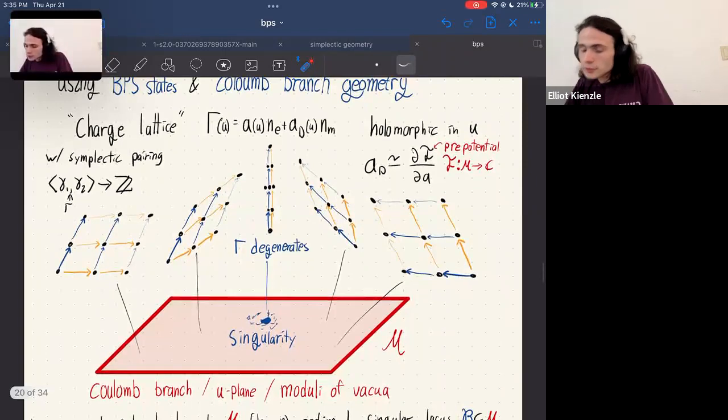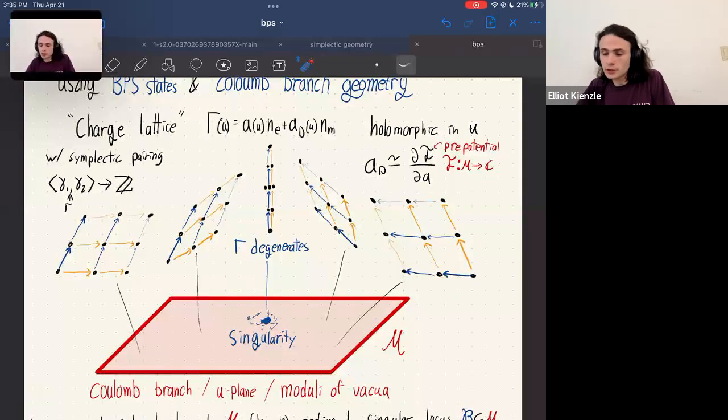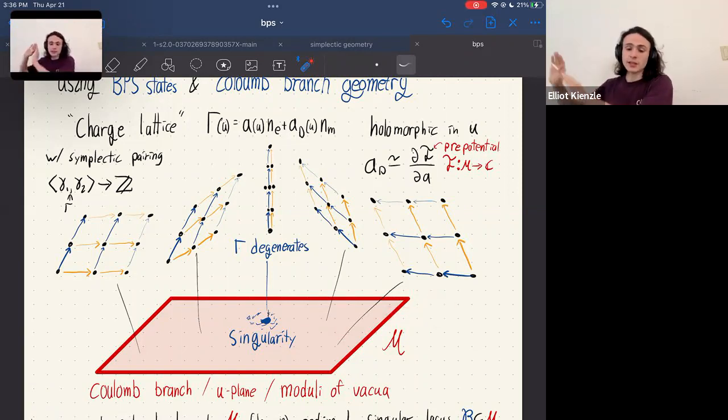Right. So the main structure that they used on this space was this charge lattice. At every point on the moduli space, we have a lattice. This is going to be a lattice because of some cool stuff with electric-magnetic duality. And we know this lattice exists as we go off to infinity, because then it's very weak and falls into the semi-classical approximation.